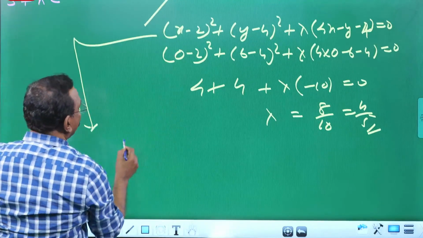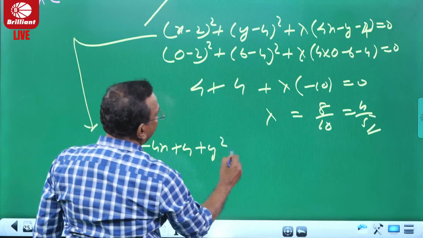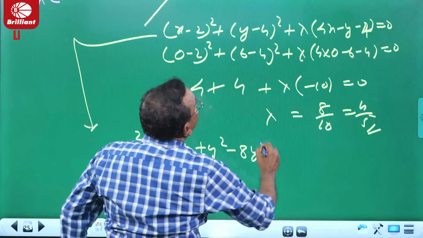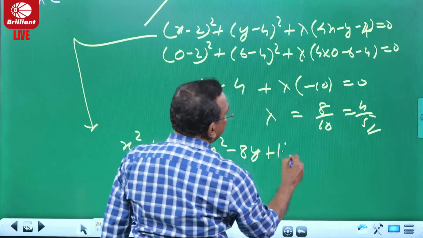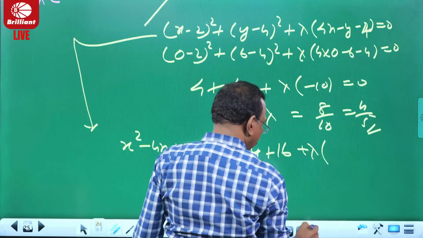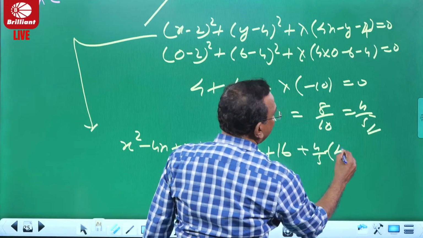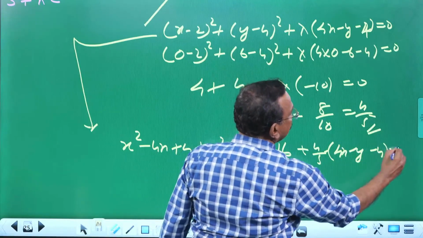(x minus 2) the whole square as x square minus 4x plus 4 plus y square minus 8y plus 16 plus lambda into, lambda written in the form, now it is 4 by 5 into (4x minus y minus 4) is equal to 0.